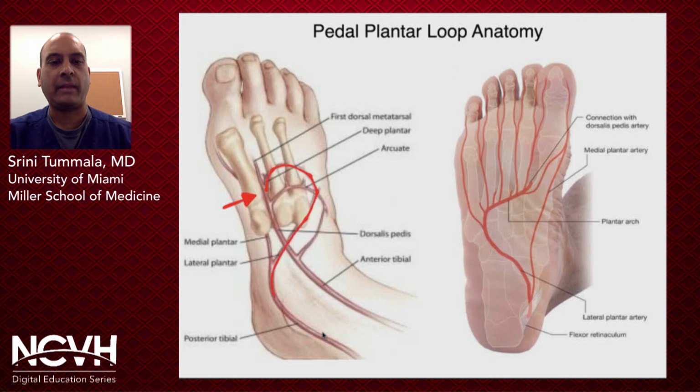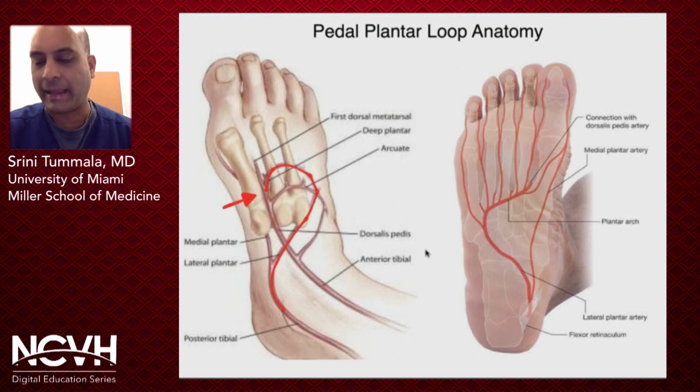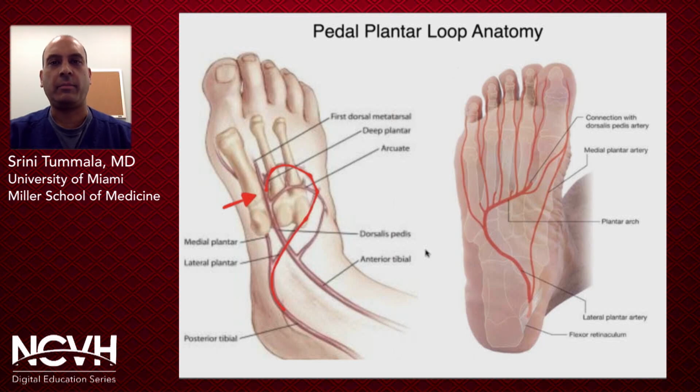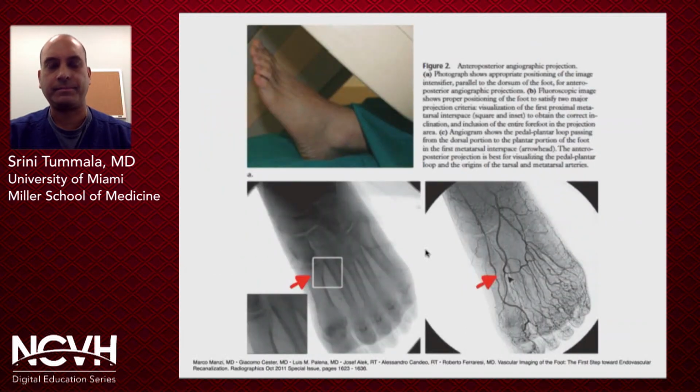So that's your pedal plantar loop. But this first interspace between the bases of the first and second metatarsals is a good fluoroscopic landmark to make note of when you do pedal plantar or pedal interventions.